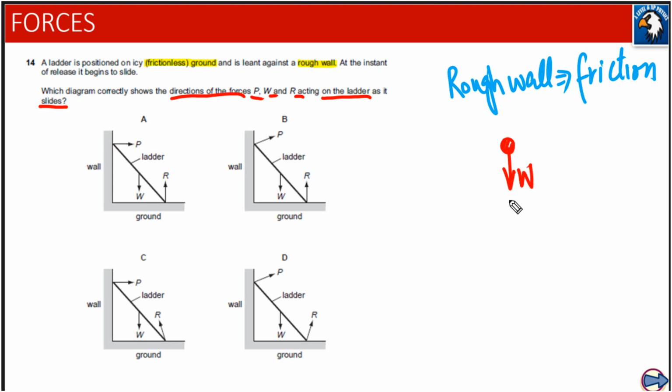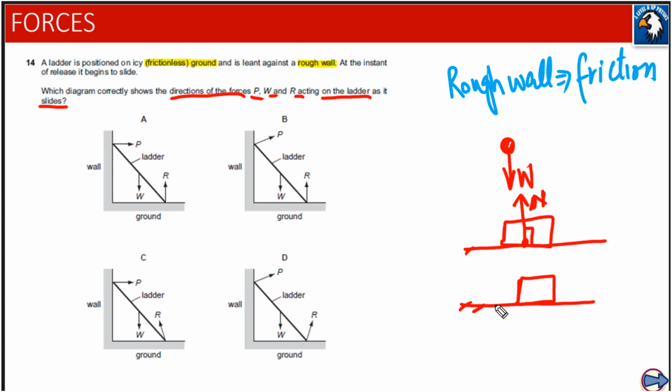Second, how about the normal reaction force? Let's say we place this box on the ground. The normal reaction force on the box will be acting upwards, and this is always at an angle of 90 degrees to the surface. The third force in this case is the frictional force.